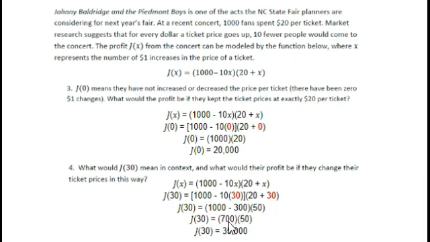This 700 represents the 700 people that would be attending, because remember, 10 fewer people are going to show up every time we increase the ticket price by $1, which means if we increase it by $30, 300 fewer people are going to show up. Therefore, we'd have a total of 700 people attending altogether if the tickets cost $50 apiece. Again, we would have a $35,000 profit.